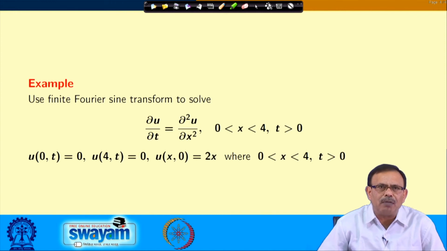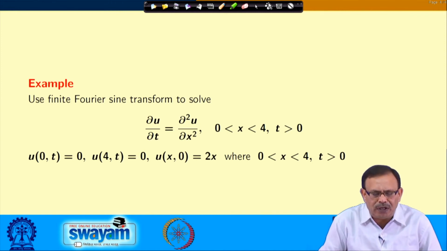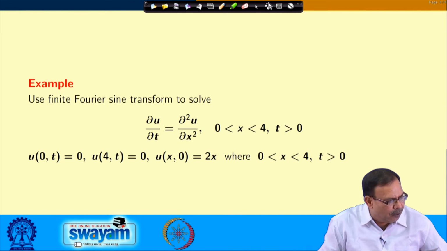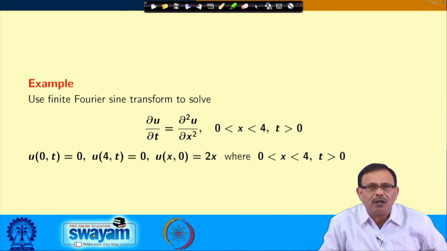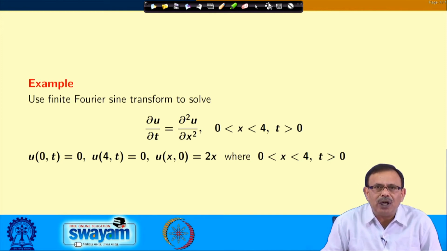So, let us take a problem. I want to find the Fourier sine transform solution of del u del t equals del 2 u del x square, where x lies between 0 to 4 and t greater than 0. It is given that u(0,t) equals 0, u(4,t) equals 0 and u(x,0) equals 2x, where x lies between 0 to 4.